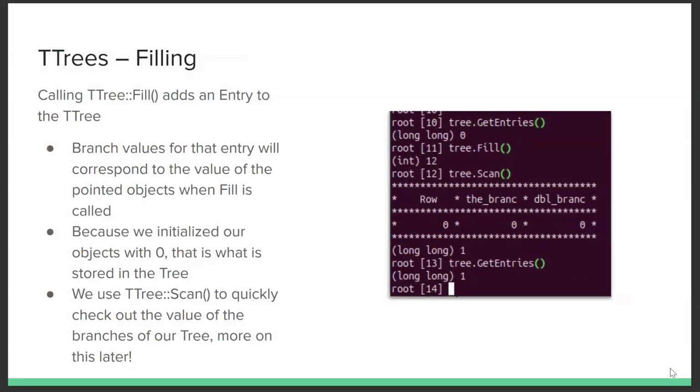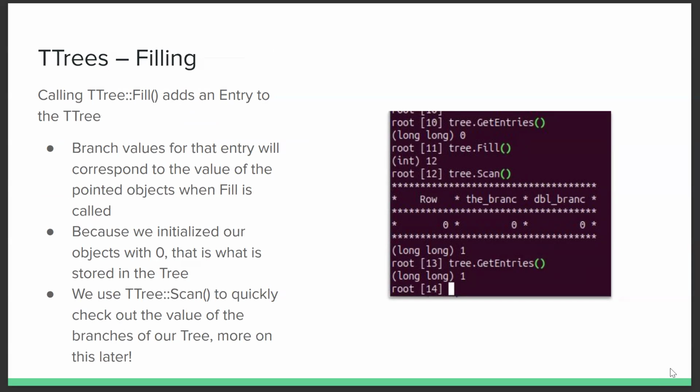So this is where we start to fill things. When you call Fill, you add an entry to the tree, and the branch values for that entry correspond to whatever the value of those objects are that you've already pointed to.